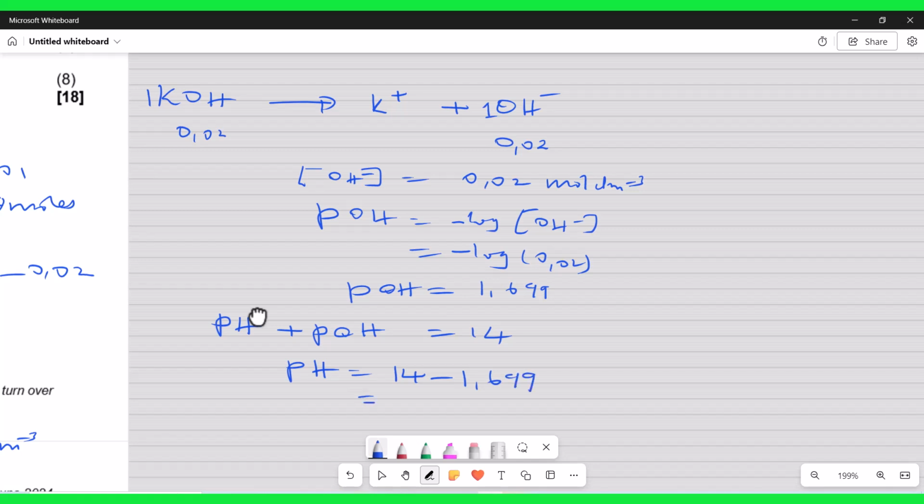So what's our final answer here? 14 minus 1,699 gives us 12,301. That's our pH for this resultant solution. I hope we are together.